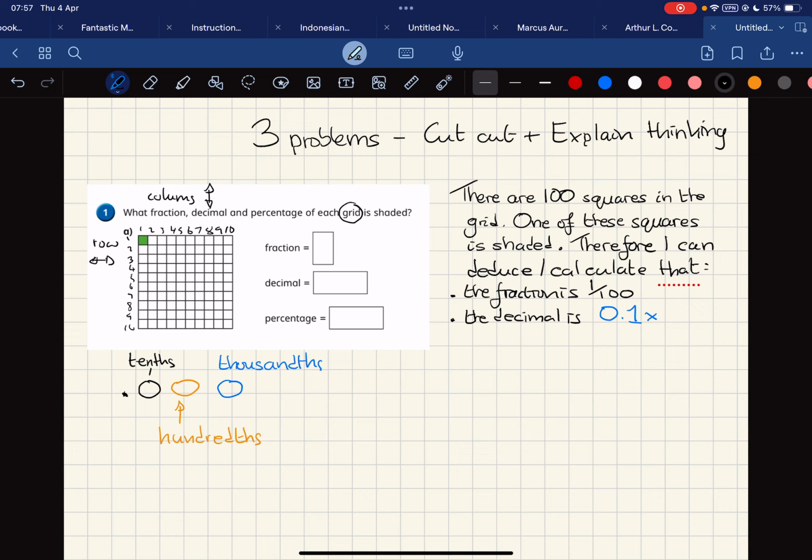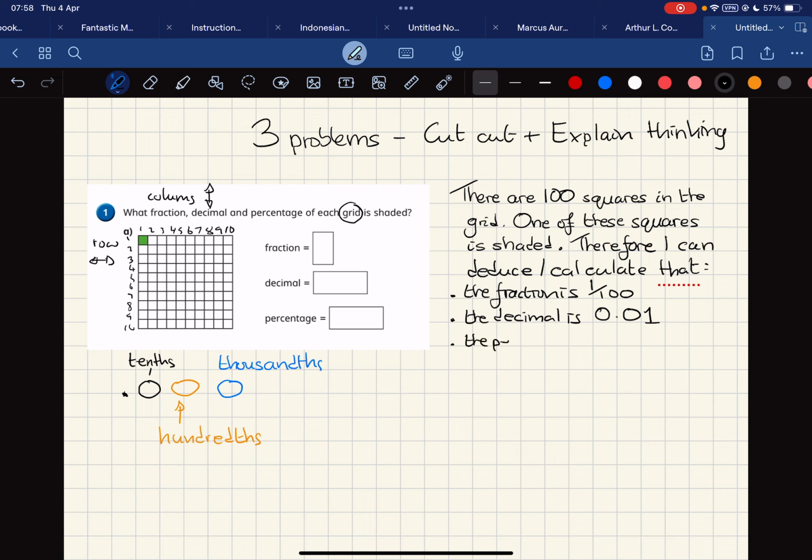So the answer here, let's use this pointer tool. I like this little guy. So the answer to this is not 0.1 because that would actually be 10 squares. It is actually 0.01.